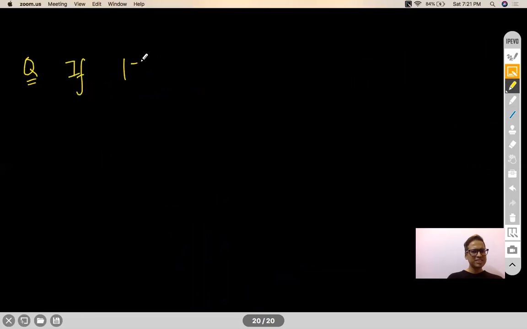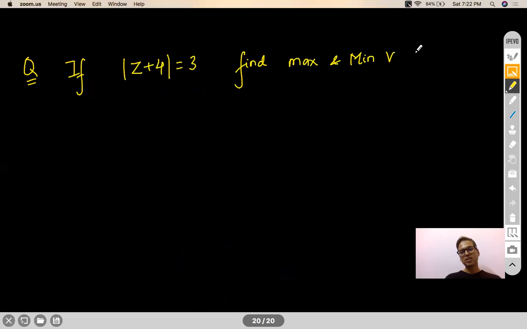If mod of z plus 4 is equal to 3, find the maximum value and minimum value of the argument of z. How will you solve this?